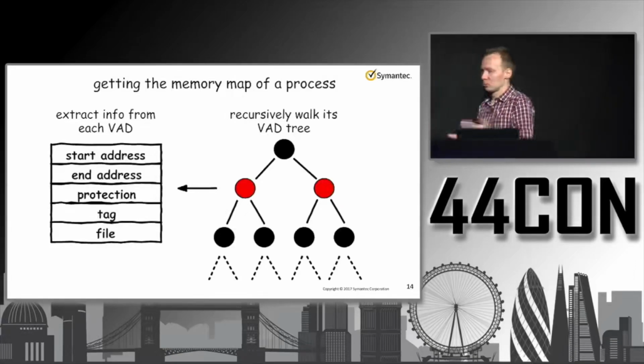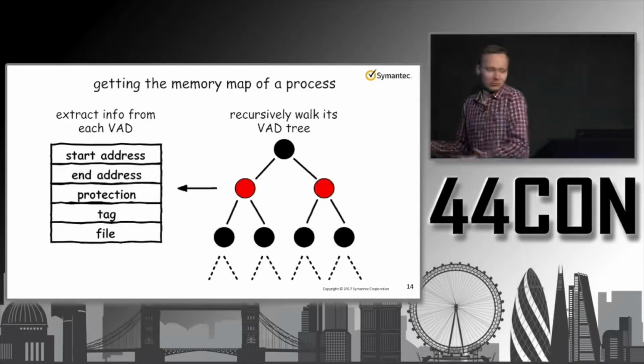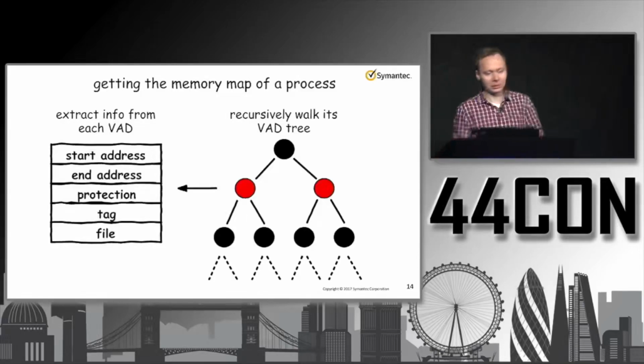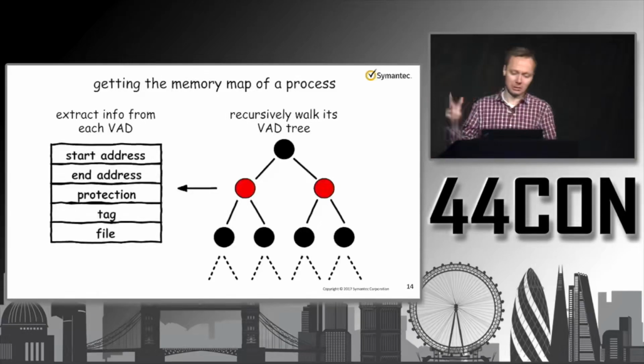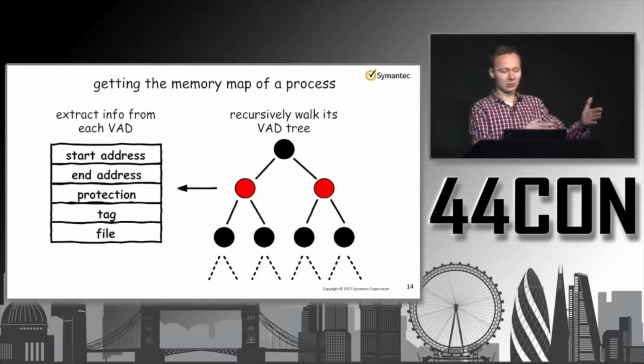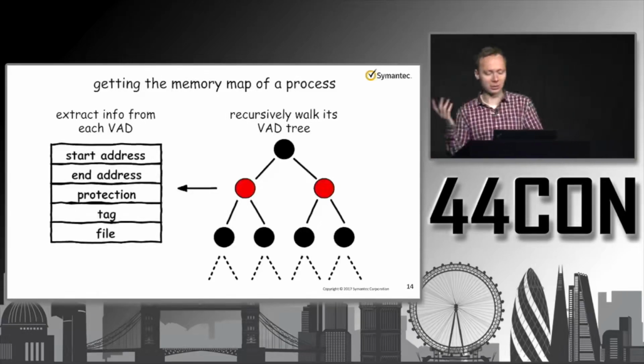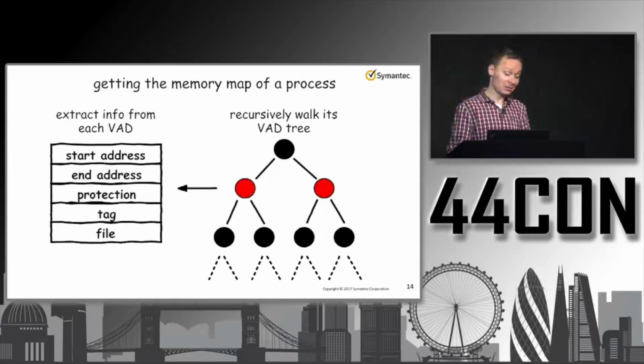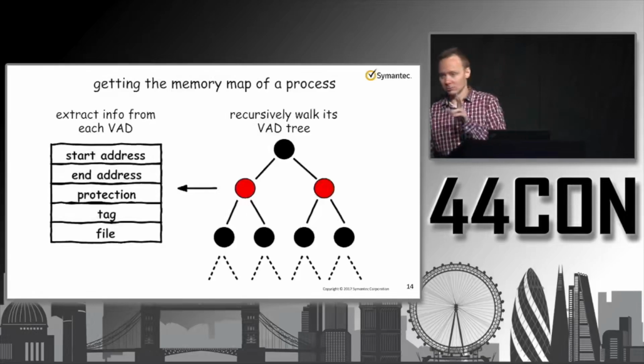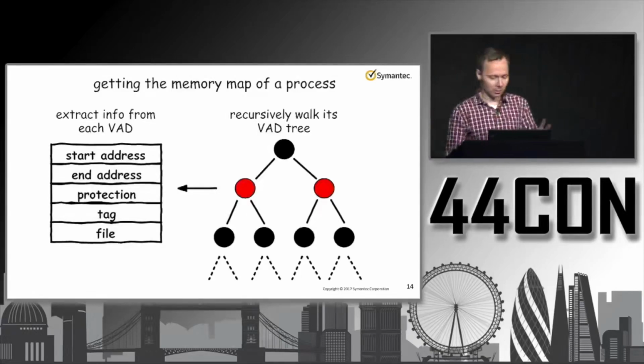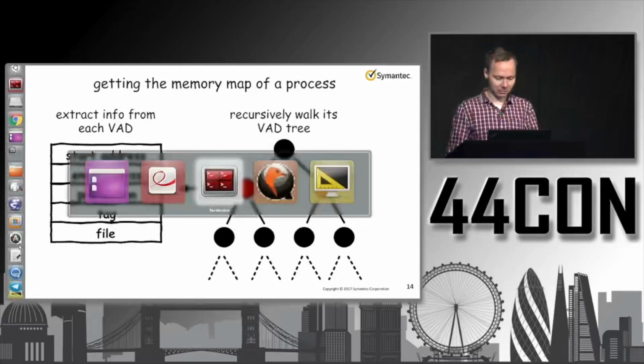So you get every node of the tree, which means you get all of the information related to a certain process. In there, you find the ranges, the start address, the end address, the protection stuff. There's a tag in there. If you've ever coded Windows drivers, you might have used ExAllocatePoolWithTag. If you haven't, it doesn't matter. And there's information on the file stuff.